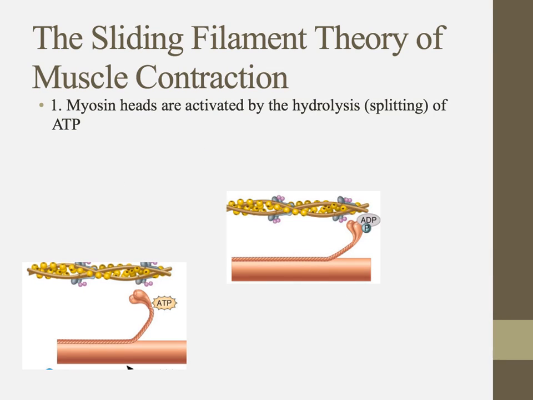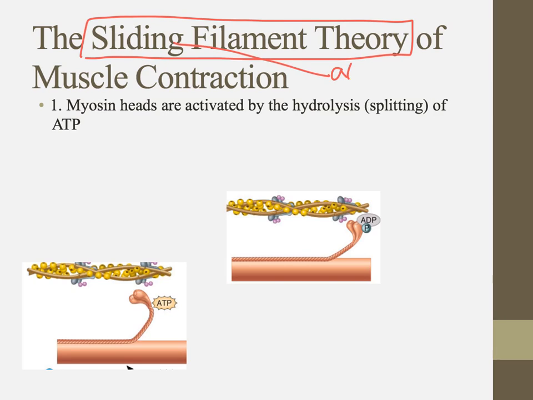Okay, so how does this all work? How does the myosin cause the actin to slide over it, to come closer to the middle? Well, that's through something called the sliding filament theory, okay? And what's actually doing the sliding is the actin. So let's think about how that works.